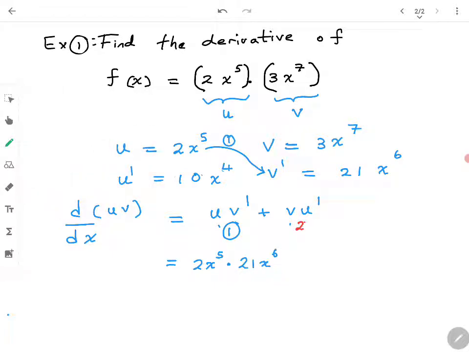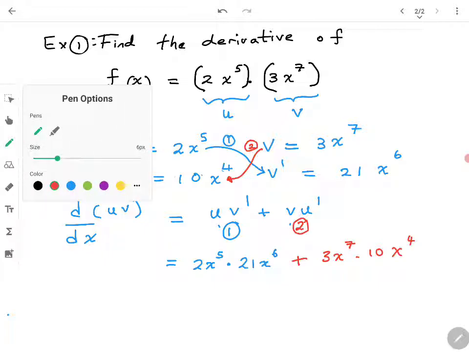Then the second term is made up of v times u prime, so you need to multiply those two terms. Here v is 3 times x to the 7th and u prime is 10 times x to the 4th.